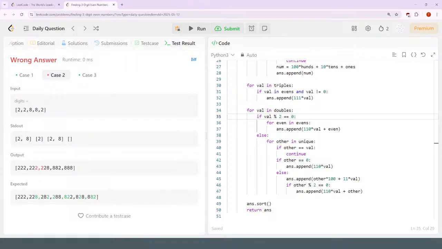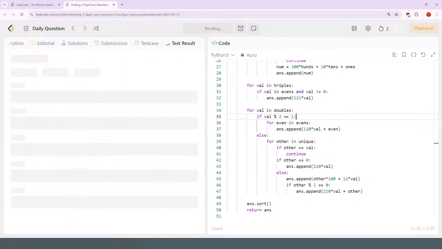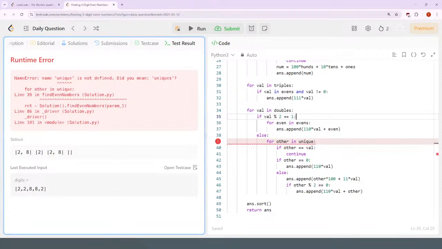for every even, actually I think this is opposite. It should be, if value is odd, then it matches with any even. Yeah, I think I did that just opposite of what I was thinking about. Uniques.